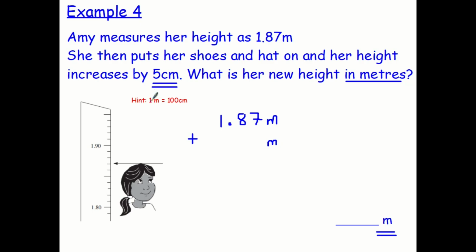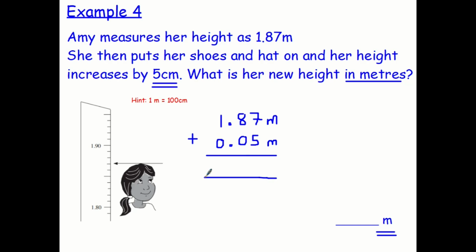Well, if 1 metre is 100 centimetres, it means I need to divide this number by 100 to get it in terms of metres. And if I do 5 divided by 100, it ends up in this column here, the hundredths column.